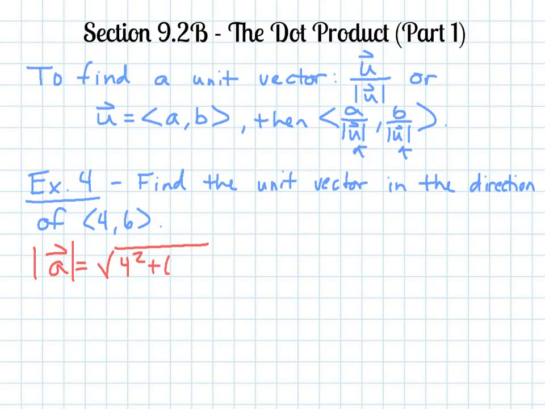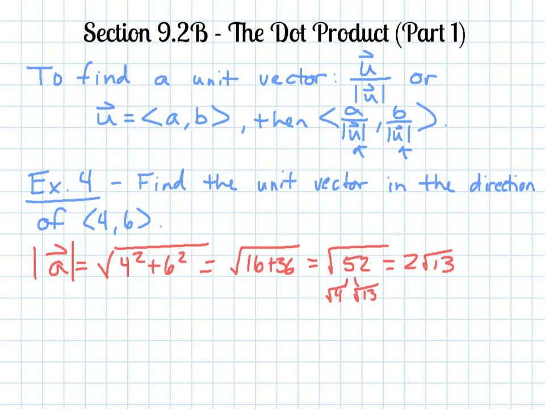So 4 squared plus 6 squared gives me 16 plus 36, which gives me 52. That can be simplified because you can take a 4 out of there, so you get 2 square root of 13. That would be your magnitude.